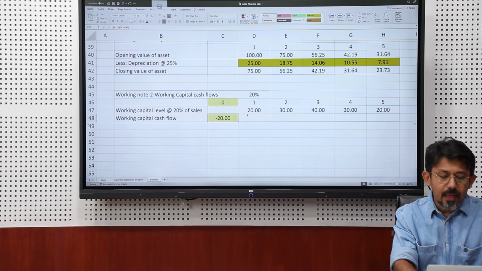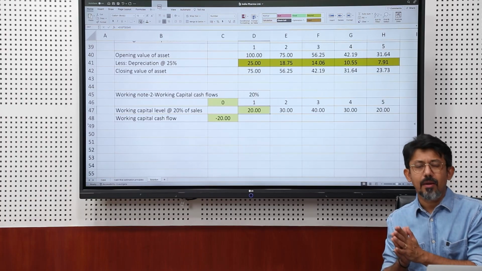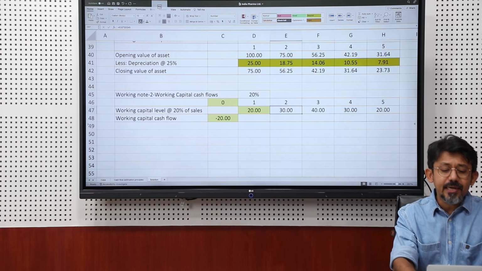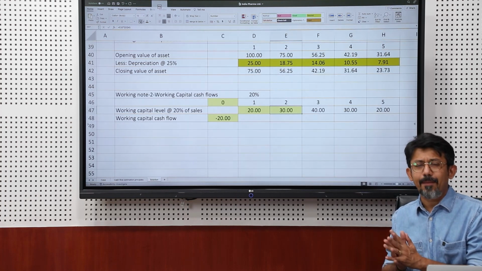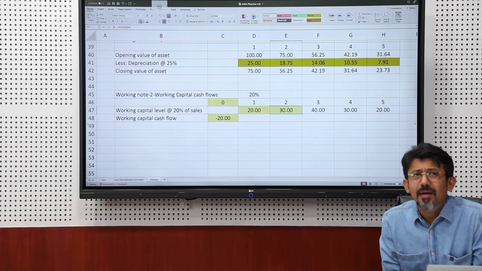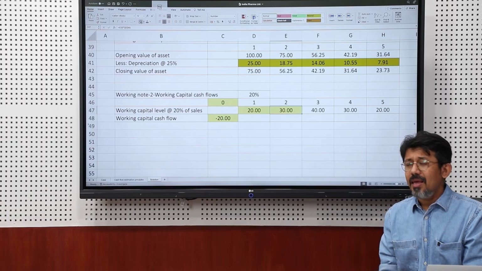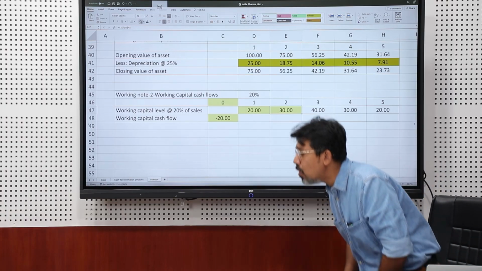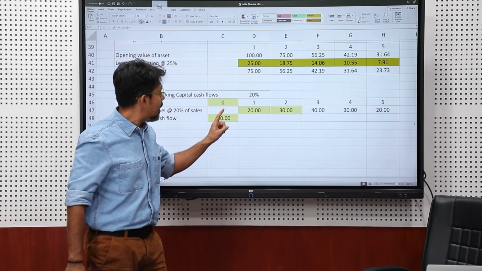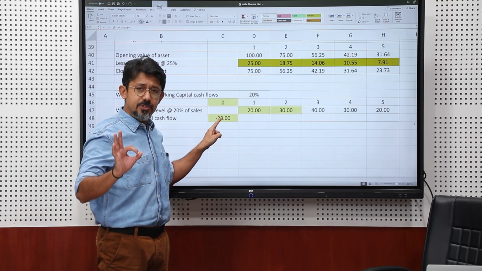Now, when I say that the working capital level in year 1 is 20 million and I need 30 million as working capital level in year 2, how much do I invest in year 1 in order to get to a working capital level of 30 million? So, for this 20 million, I invested 20 in year 0.